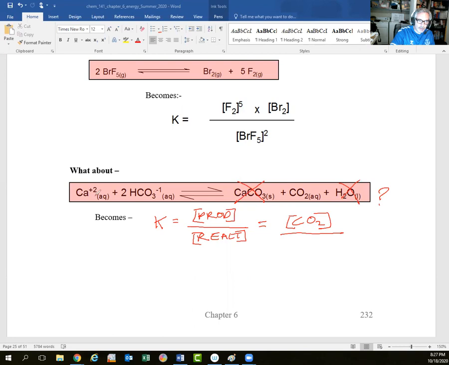Carbon dioxide concentration divided by the concentration of calcium ions multiplied with the concentration of hydrogen carbonate, taken to the power of 2 because there's 2 moles in the equilibrium reaction. So having worked out the expression, when provided with values for the concentration of these chemicals, we could work out the equilibrium constant itself.